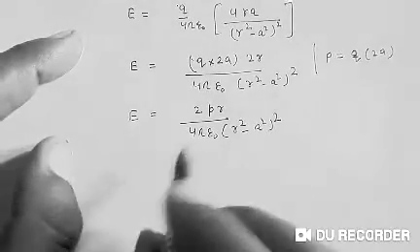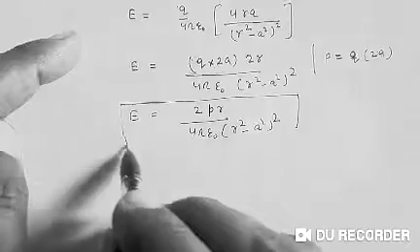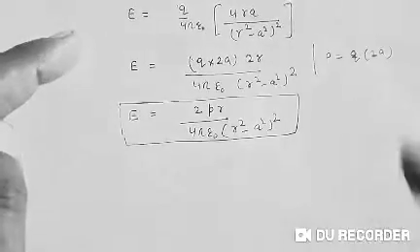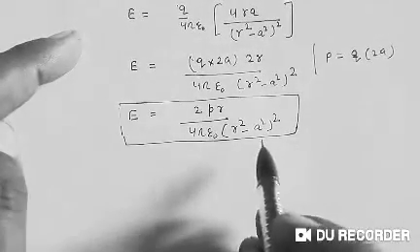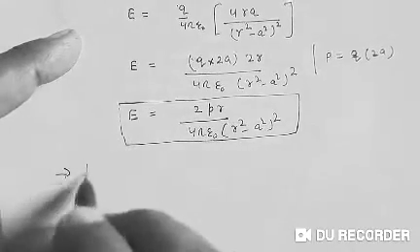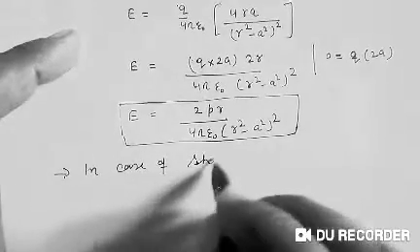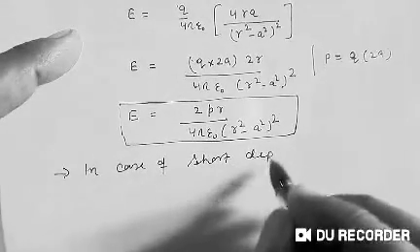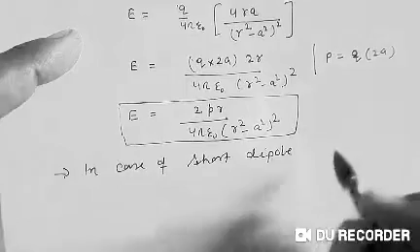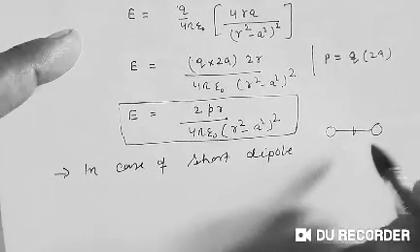Now this is the electric field on the axial line of an electric dipole. In case of a short dipole, if the dipole is short, what will happen, you know, the dipole length will be small.